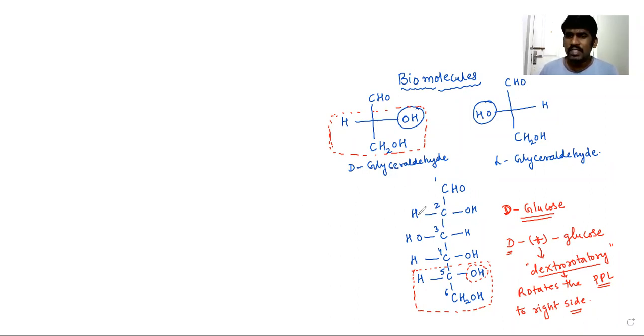In that structure, you can see one aldehyde functional group, 4 secondary alcoholic groups, 1 primary alcoholic group, as well as 4 chiral centers, and 16 optically active isomers can be produced from glucose. This is the discussion we have done so far.